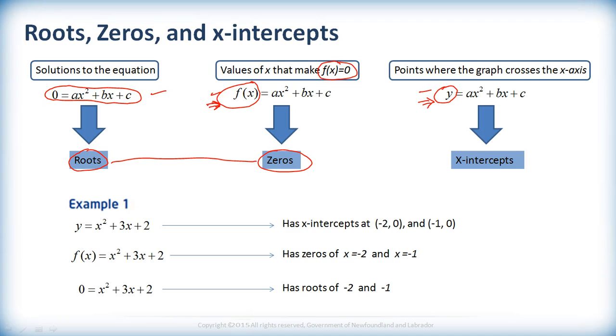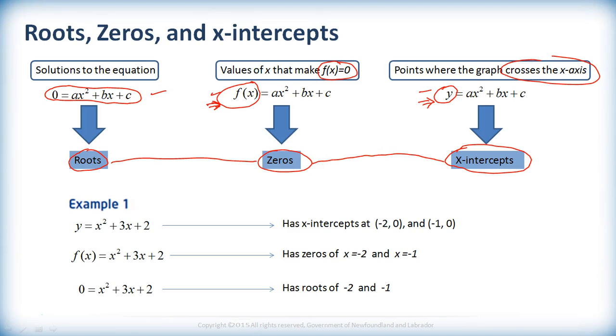So the roots of an equation correspond to the zeros of a function, and we're going to talk about the graph, which is going to be a parabola if we're talking about quadratics here. And points on the graph where the graph crosses over the x-axis are called the x-intercepts. And we know that the x-coordinate on the x-intercepts is the same number that we would have for the solutions of the equation, so they correspond to the zeros and the roots.